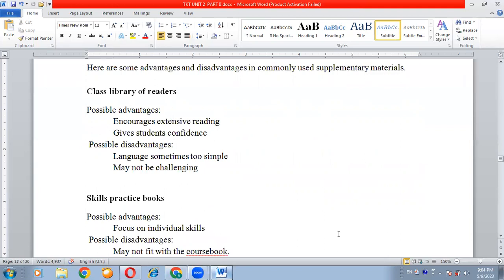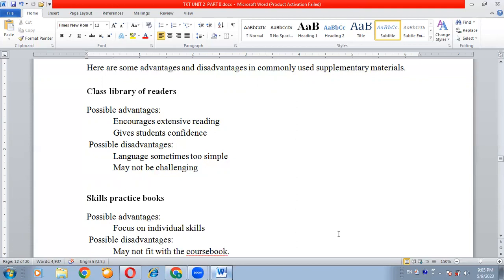Class library of readers. Possible advantages: they encourage extensive reading and give students confidence.